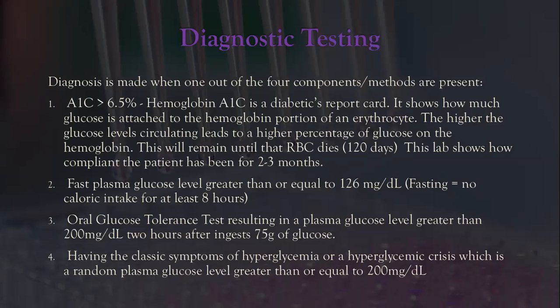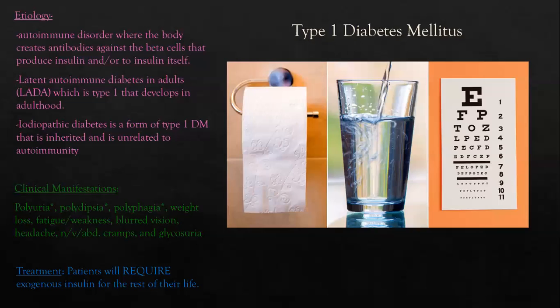Okay, going to move on. Now we're going to go into the different types of diabetes. Type 1 diabetes is an autoimmune disease where the body makes antibodies that fight against the beta cells in the pancreas. They end up dying off and completely stop functioning at a certain point, and the pancreas can no longer produce insulin, or it actually works against the insulin.